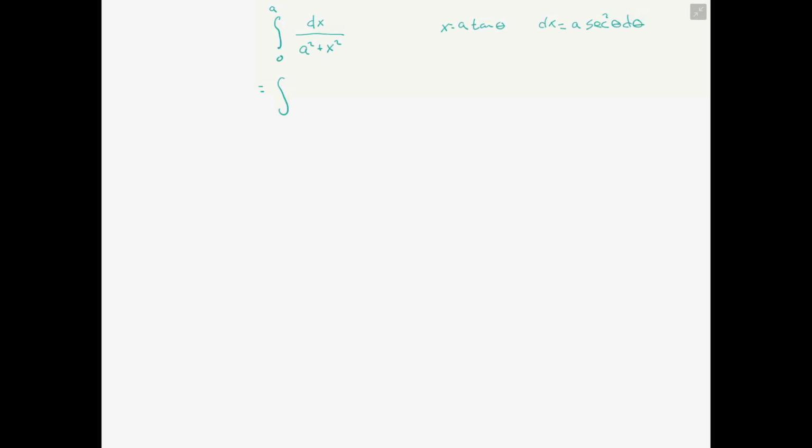We'll say a to b, we don't know. Those are dummy variables. And so we have a squared times a secant squared theta d theta in the numerator, and in the denominator we have a squared plus a squared tangent squared theta.